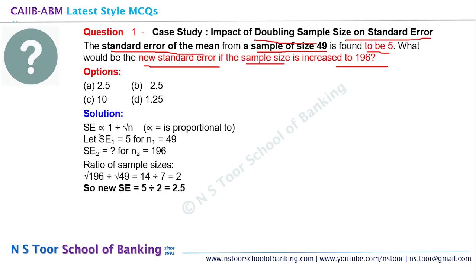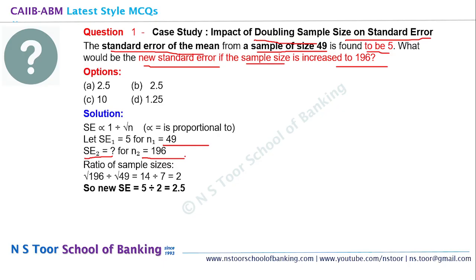Standard error is proportional to 1 divided by square root of n, where in the first case it is 5, and in the second case we have to find out. In the first case the sample size is 49, and in the second case the sample size is 196.